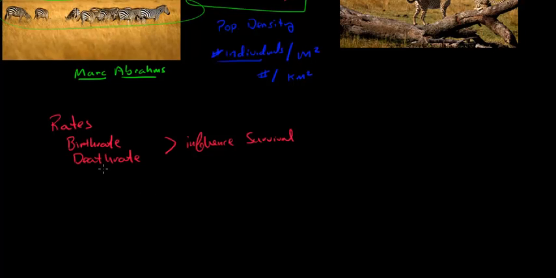And then we have the emigration and immigration. And these often get confused. And these really relate to whether they should stay or whether they should go.